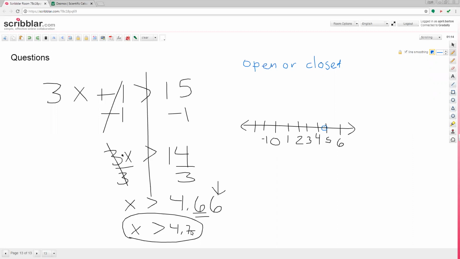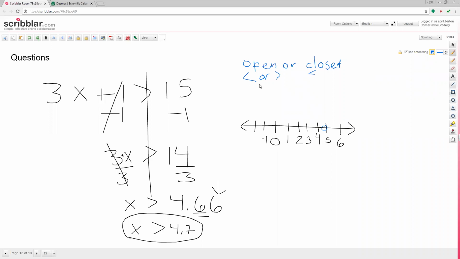No. It said all the numbers bigger. It didn't say bigger than or equal to. It just said bigger. We don't actually include 4.7. So that means our open circle is when you have a less than or a greater than symbol. Those are not inclusive of the number itself.